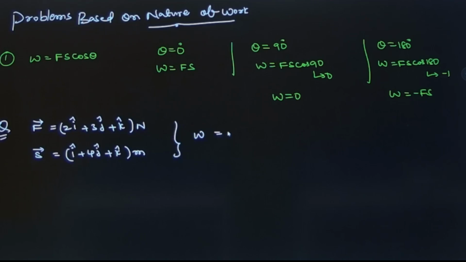W, how do you find it? F bar dot S bar. So it's a dot product, the product of coefficients of I, J and K. First, for I, 2 into 1, plus J, 3 into 4, plus 1 into 1.